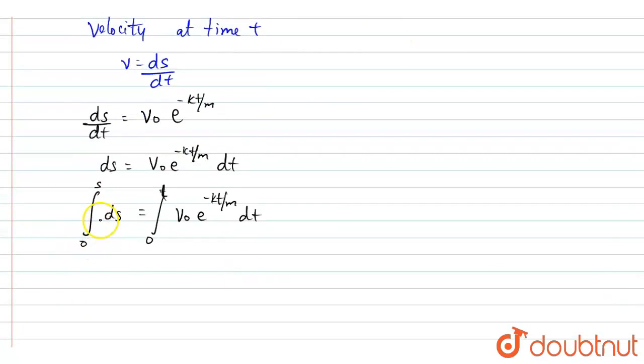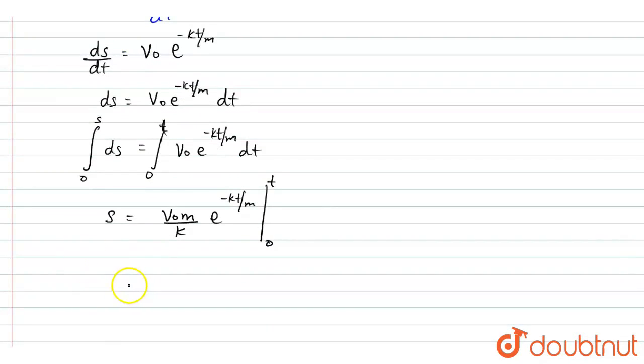Integrating, I put s directly here. v0 is common, because it's a constant term, so I'm going to take it outside. The integral gives m by k into e power minus kt divided by m, with the range from 0 to t.